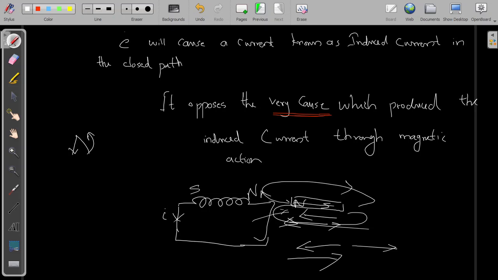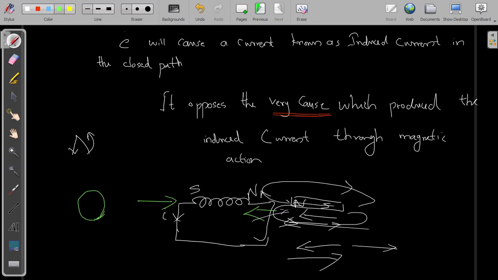That means if you observe this coil by viewing from this side, then the coil will appear in a circular manner. So the current flow direction must be such that it should get a north pole here.